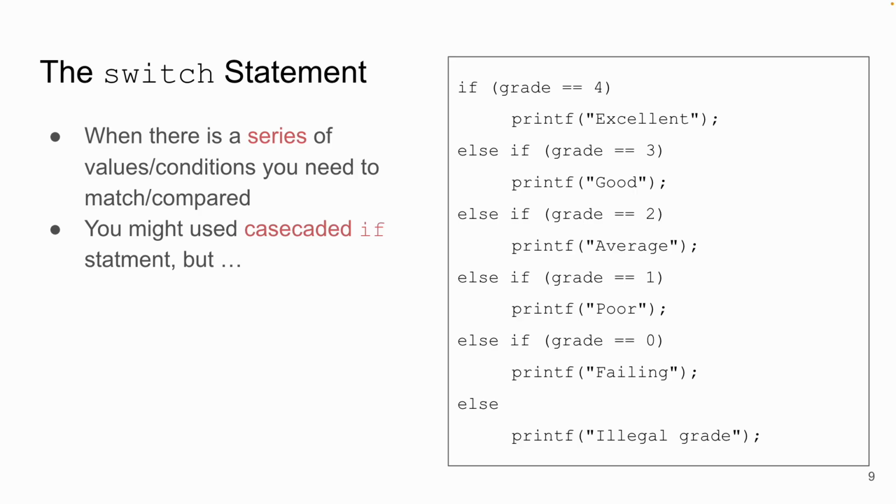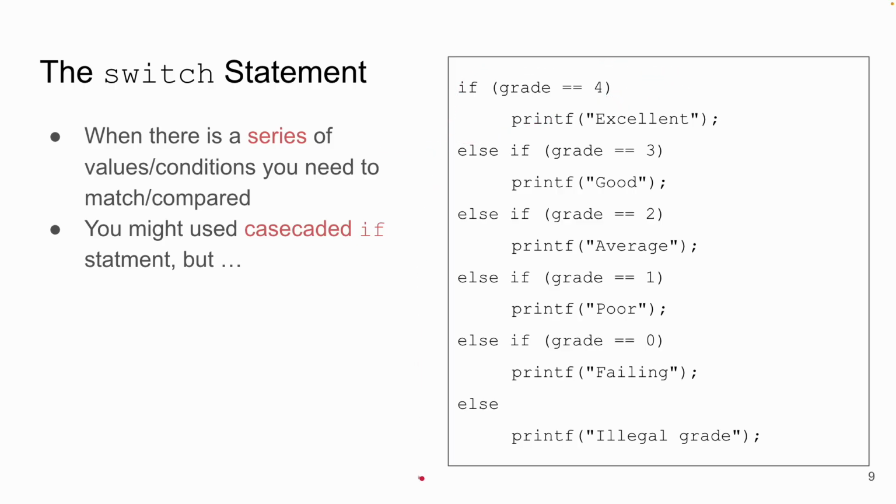After introducing the conditional expression, the next thing I want to introduce is the switch statement. The switch statement is another selection statement that we can use in C. Let's assume a situation where I want to do a series of comparisons to determine which condition I'm in right now.